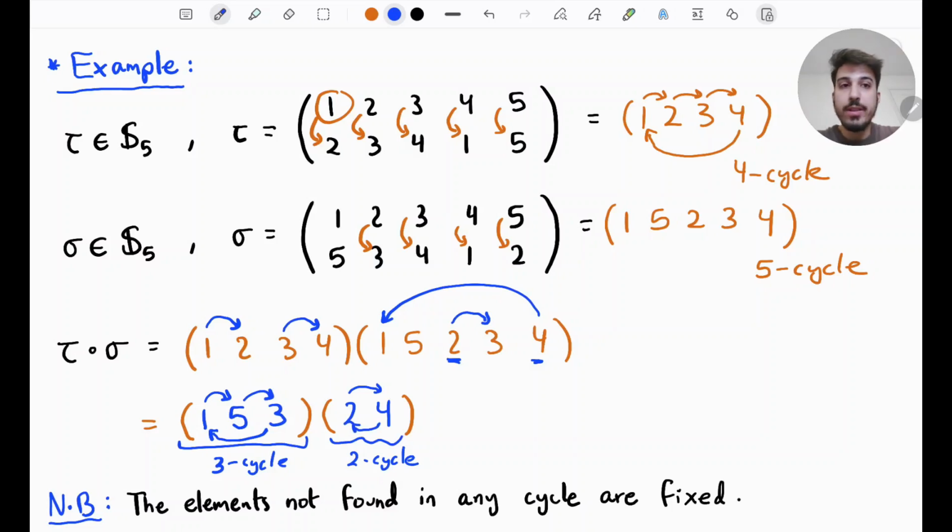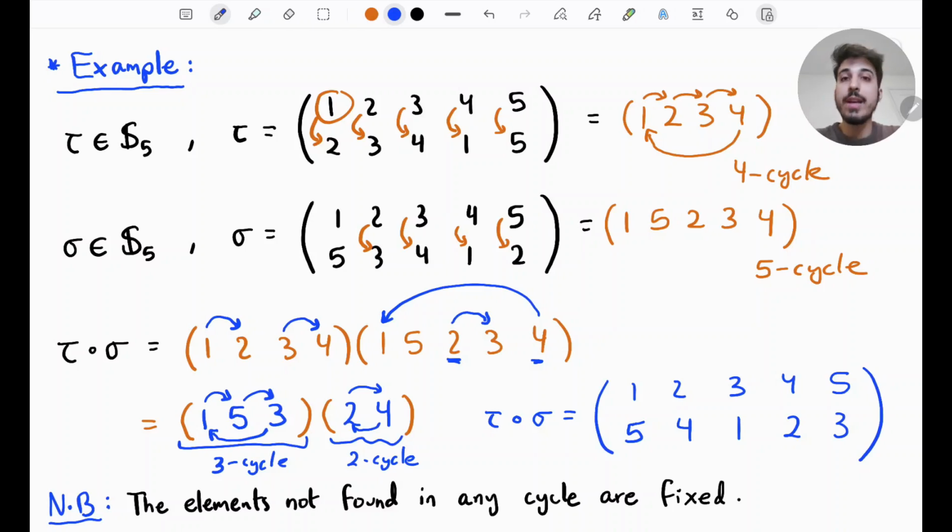So if we write this explicitly, we would say that 1 is sent to 5, 5 is sent to 3, 3 is sent to 1, 2 is sent to 4, and 4 is sent to 2. And that is how we quickly compute the permutations and their compositions by just using cycles.